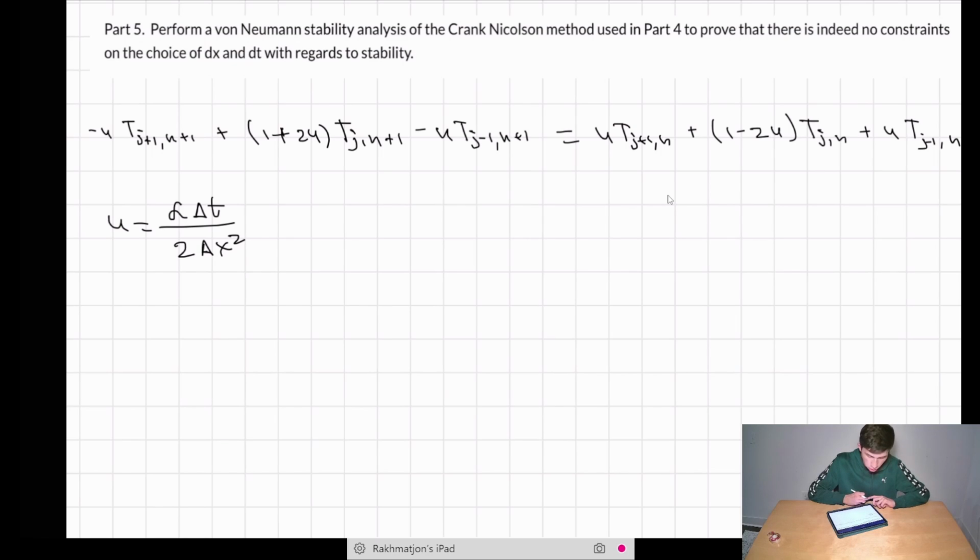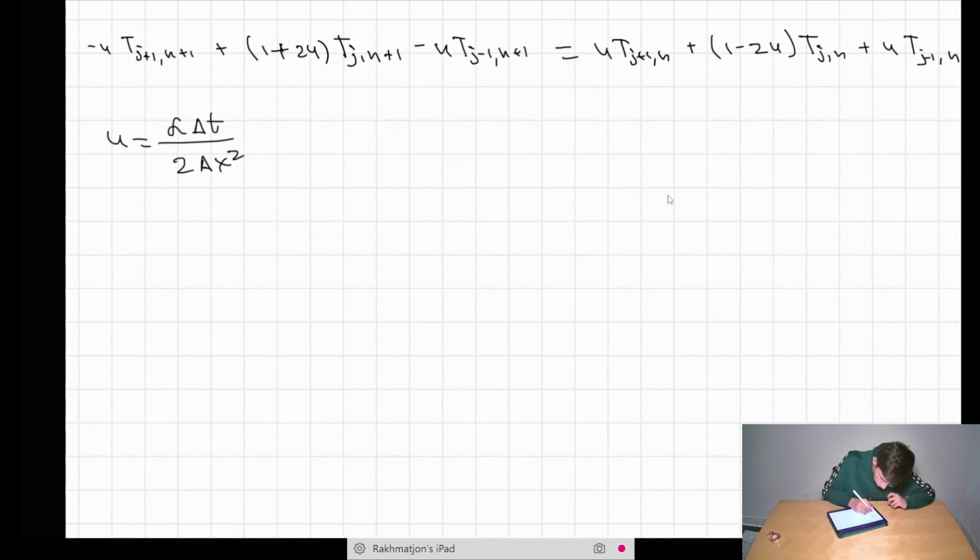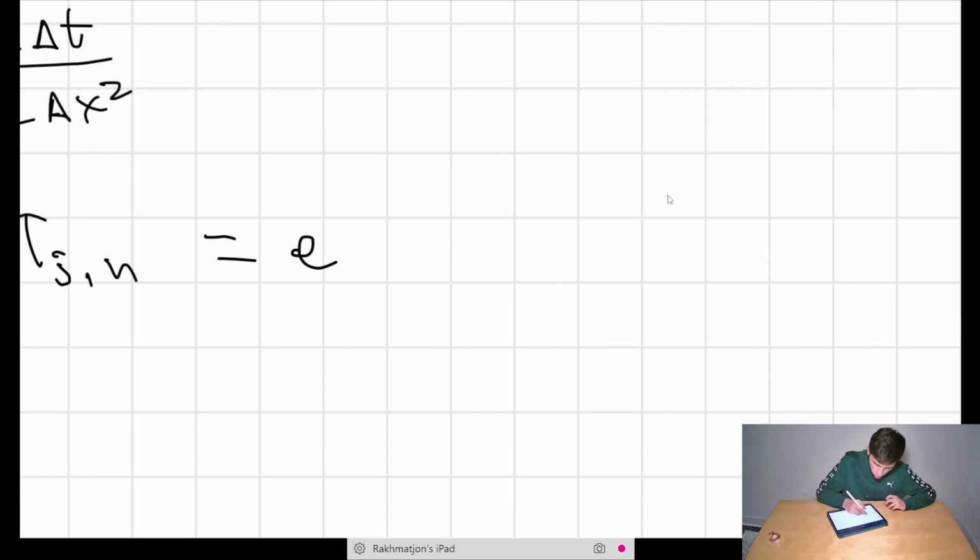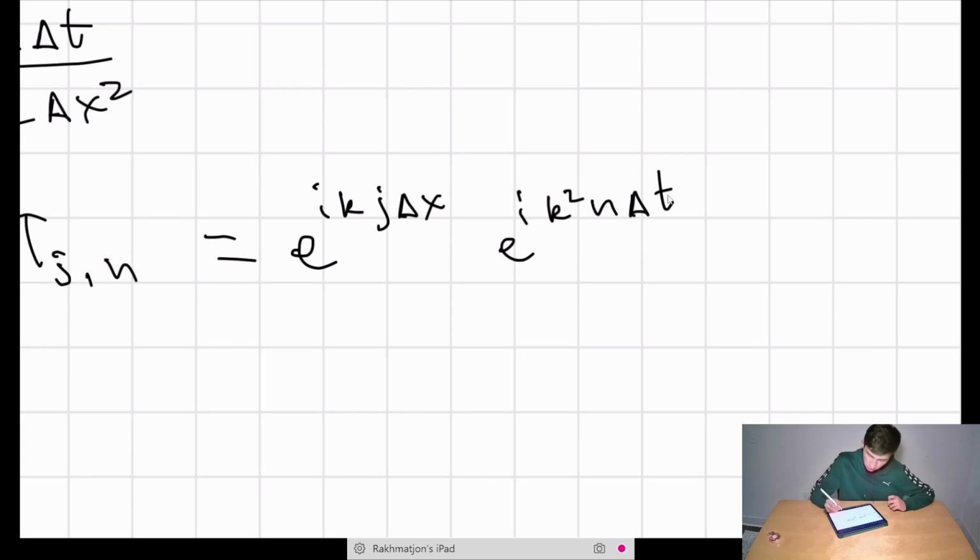And we said that our temperature at j at time n is going to be equal to e to the i k j delta x times e to the i k squared delta t.